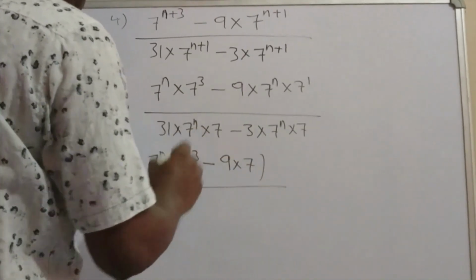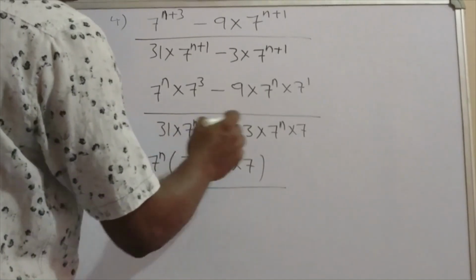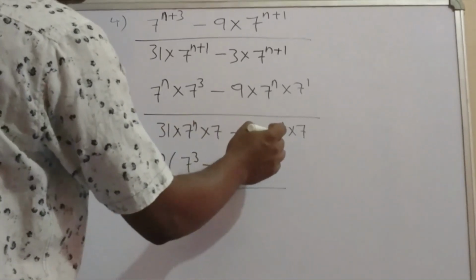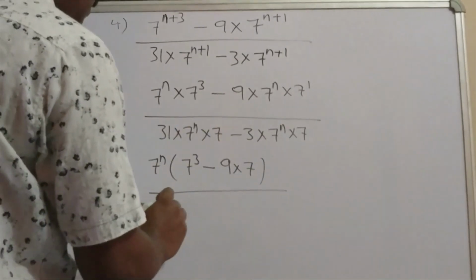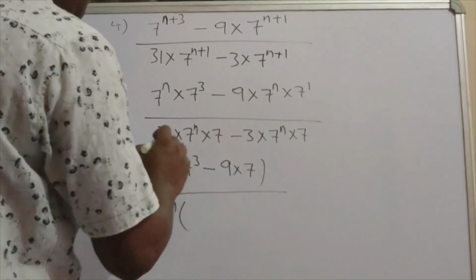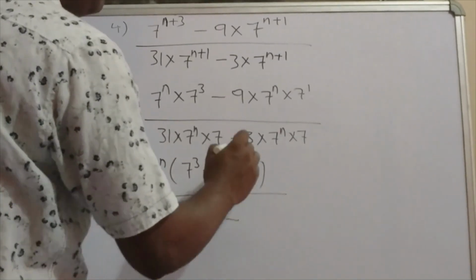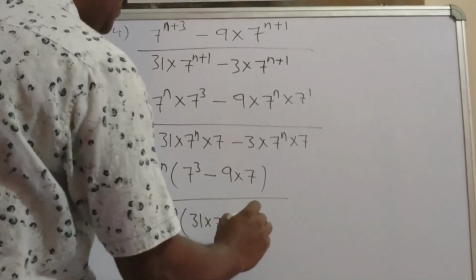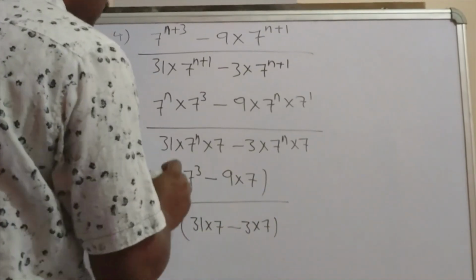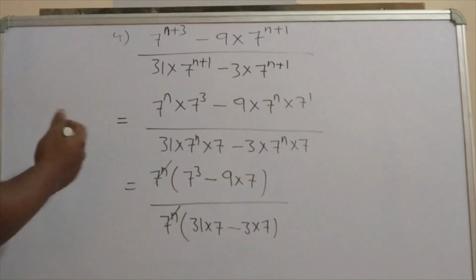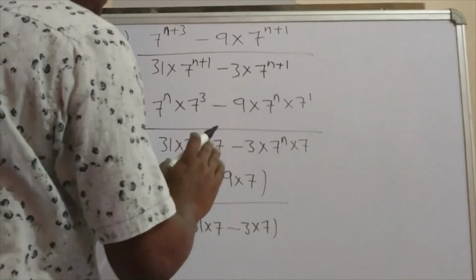Now in the denominator also same. 7 to the power n, take common. So what is left? 31 into 7 minus 3 into 7. So 7 to the power n, 7 to the power n cancel. Now the variable cancels. Now only the number is left.